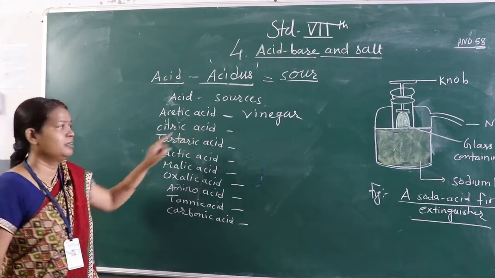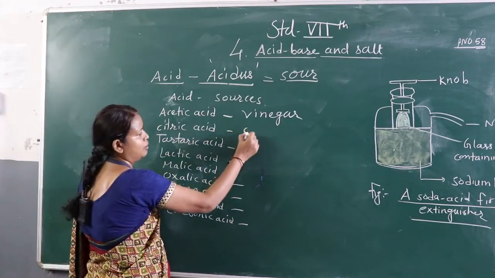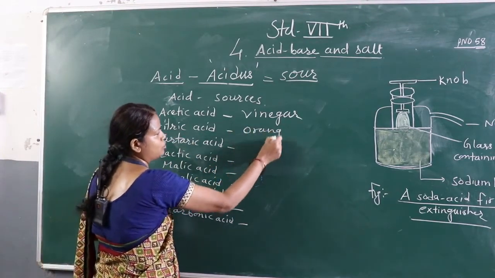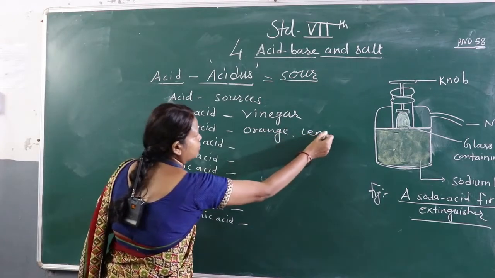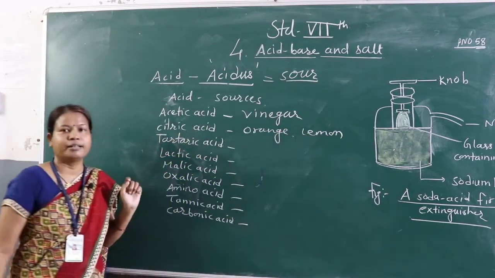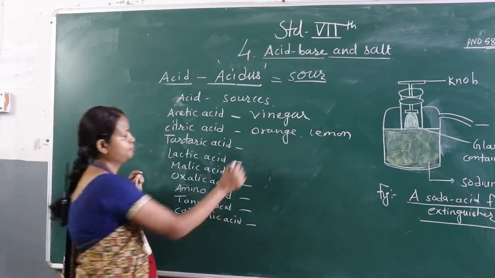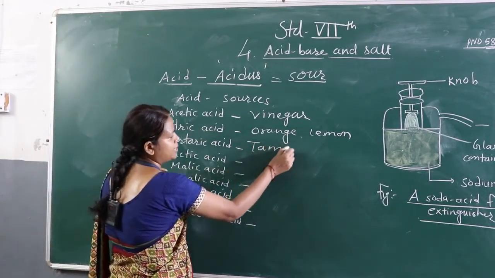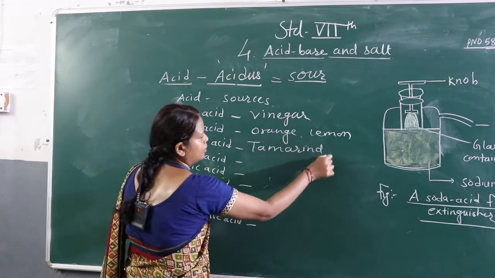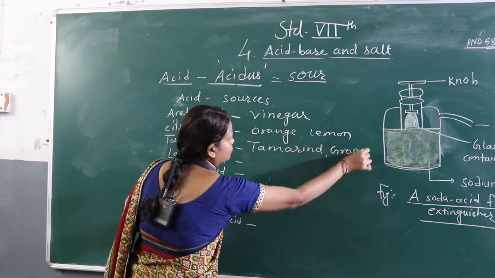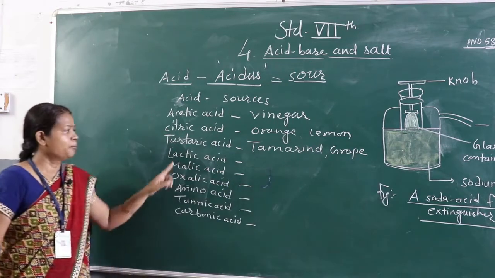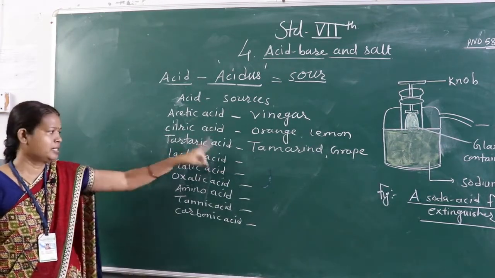Citric acid is present in juices like orange juice, and fruits like lemon. Tartaric acid is present in tamarind and grape. Tamarind is a big source of tartaric acid.